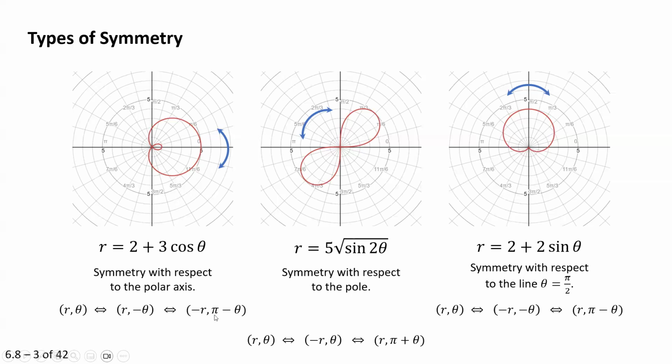And then also, if I make the r value negative, then I can reverse it. If I add pi to this angle here, I'm switching sides from one side to the other, and so I just have to make r negative to make that happen.